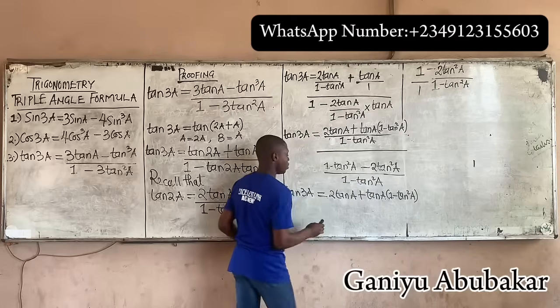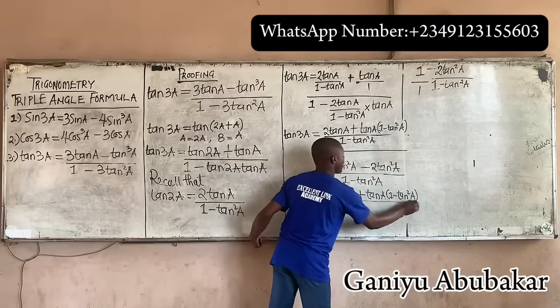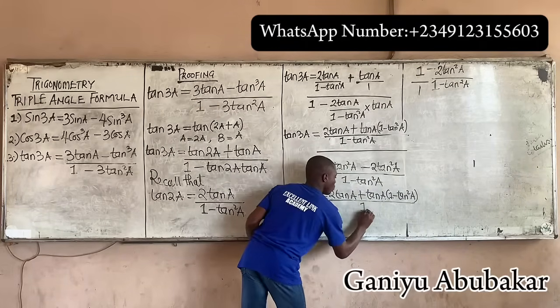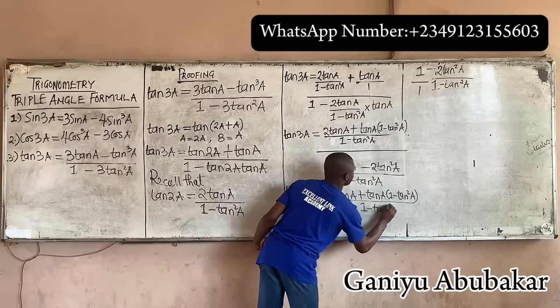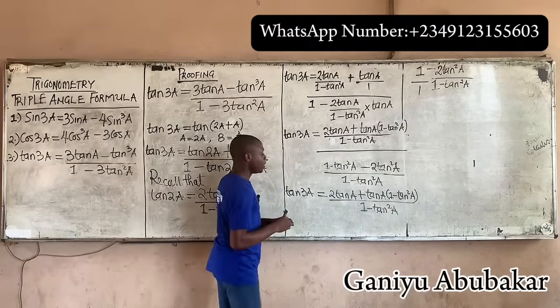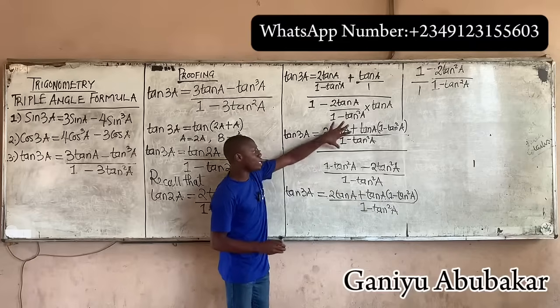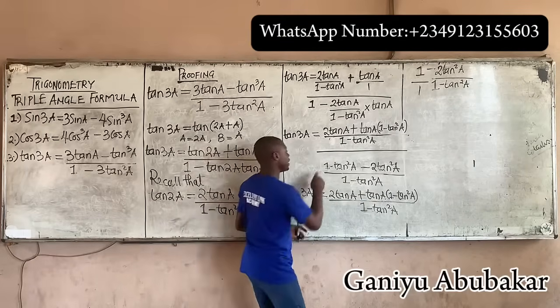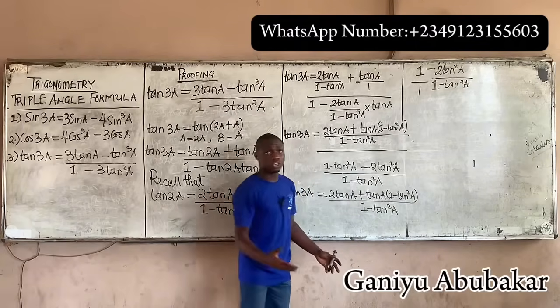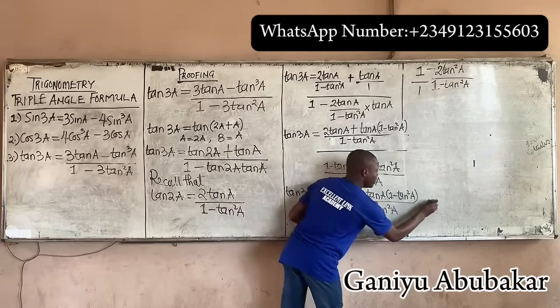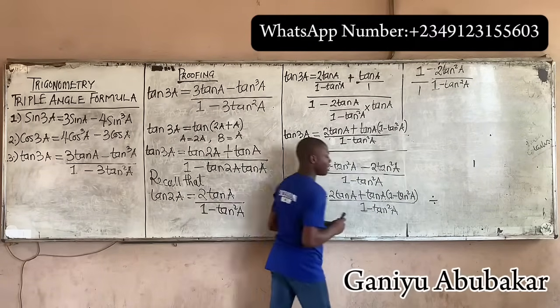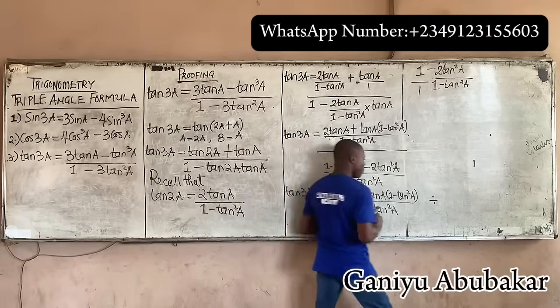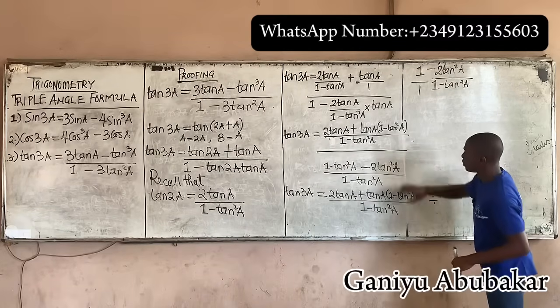So I have this, all over 1 minus tan squared a. So this value here is my numerator. This line here signifies the division symbol. So I'll have it divided by, observe, what value? By this one.